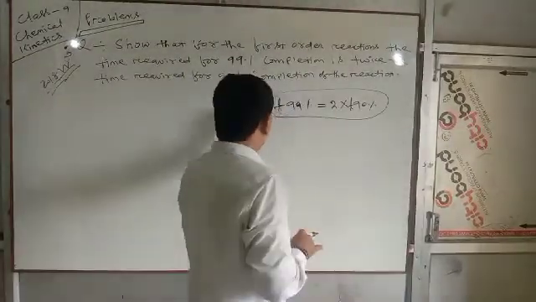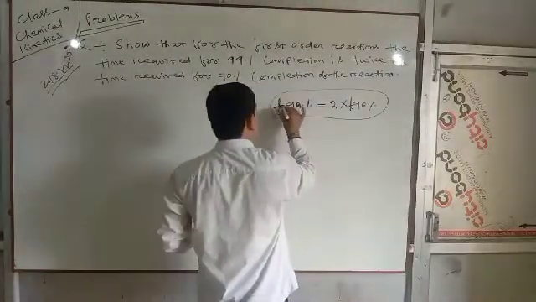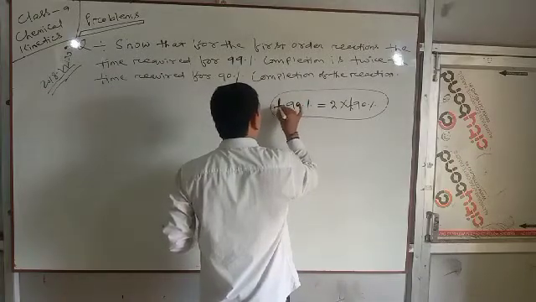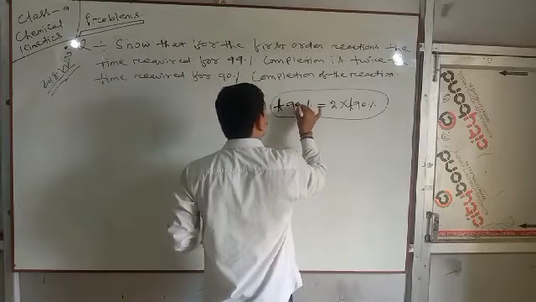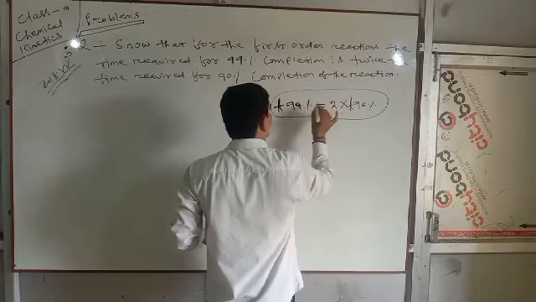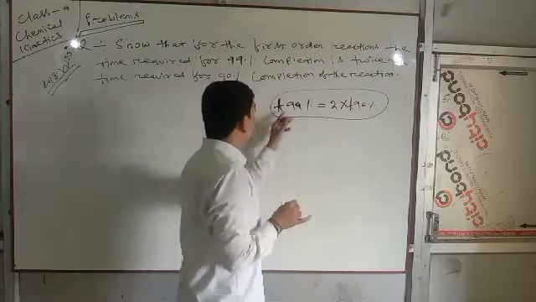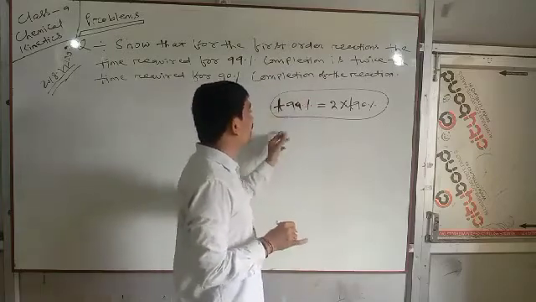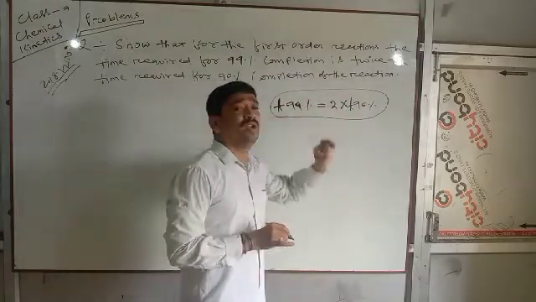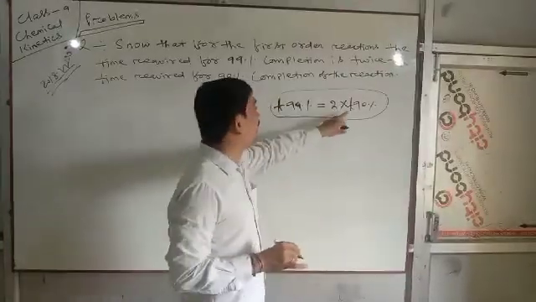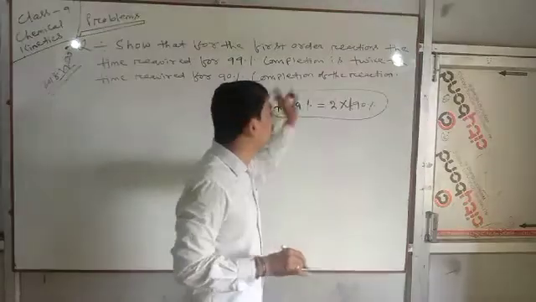So the time required for 99% completion is equal to twice the time required for 90% completion. You have to show this.